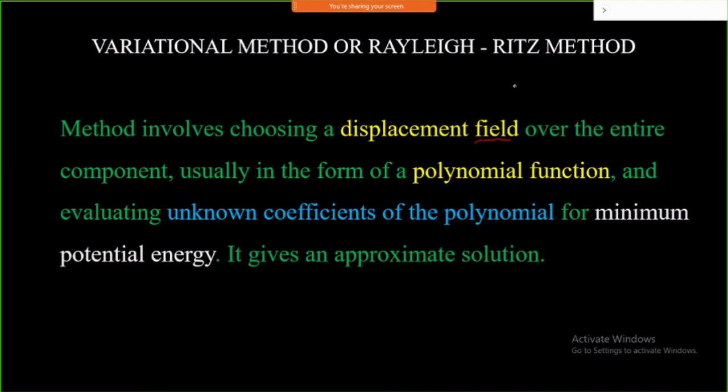So here, this is the Rayleigh-Ritz method. In the previous methods we have seen, we started with a differential equation, we assumed a displacement field, then satisfied the boundary conditions, then used a weak formulation. In weak formulation, we need to assume a weight function, and then determine a solution for it.